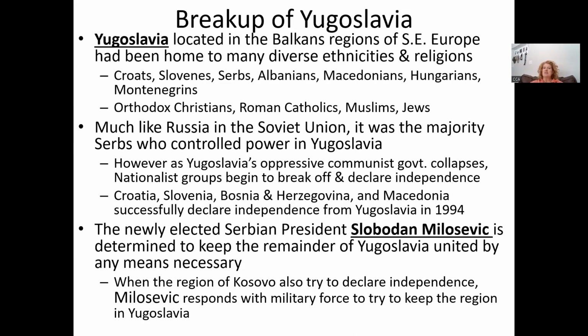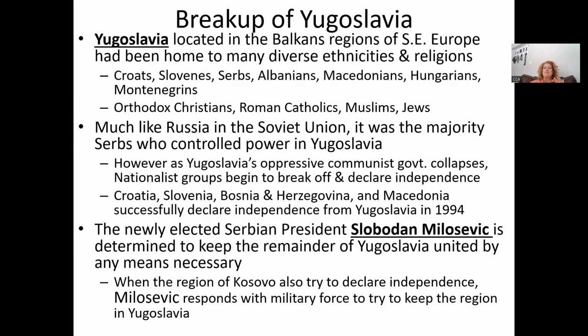So it's in the Balkan region of Southeast Europe, and it is home to a wide variety of ethnicities and religions. You may have heard of some of these: the Croatians, the Slovenes, the Serbians, the Albanians, the Macedonians, the Hungarians, and the Montenegrins. And you can look here, there's also a variety of religions.